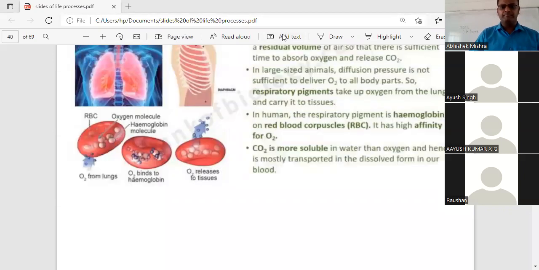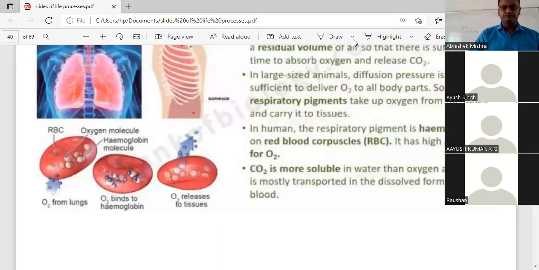Yes, you can see here, students, one diagram is there. Let me enlarge it. In our blood, we all know RBC, the red blood cell. These are the components of the blood, red blood corpuscles.